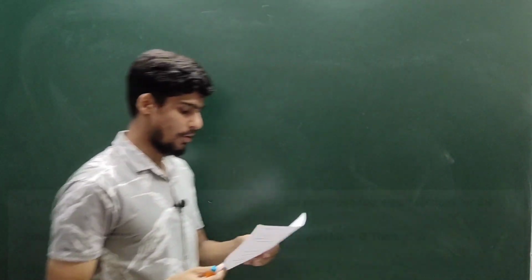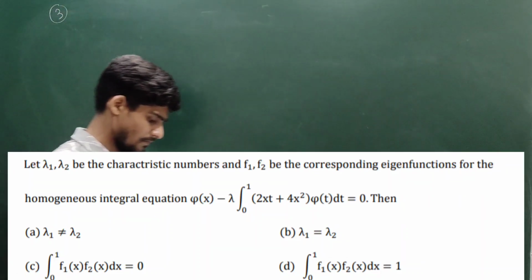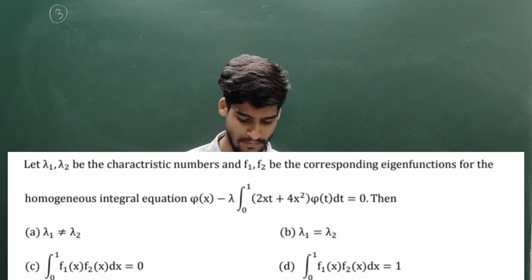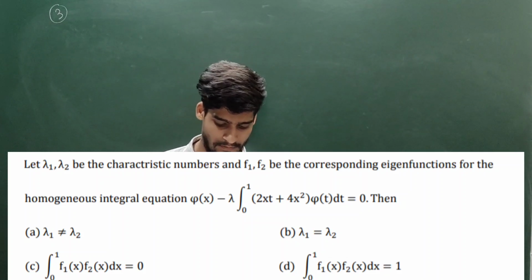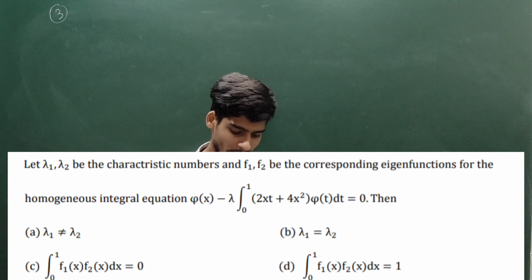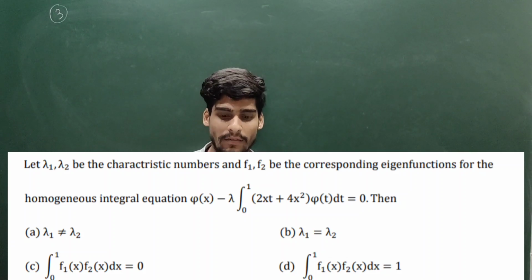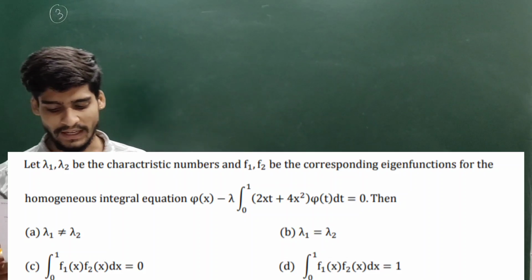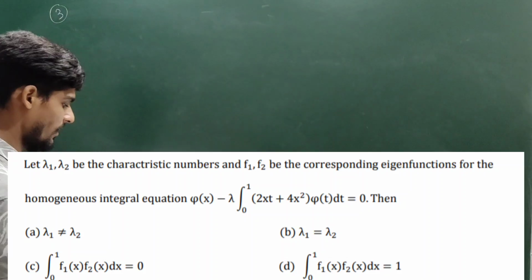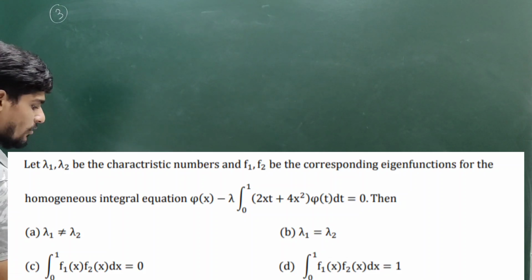Now let us come to question number 3. Let lambda 1, lambda 2 be the characteristic numbers, f1, f2 be the corresponding eigenfunctions for the homogeneous integral equation.